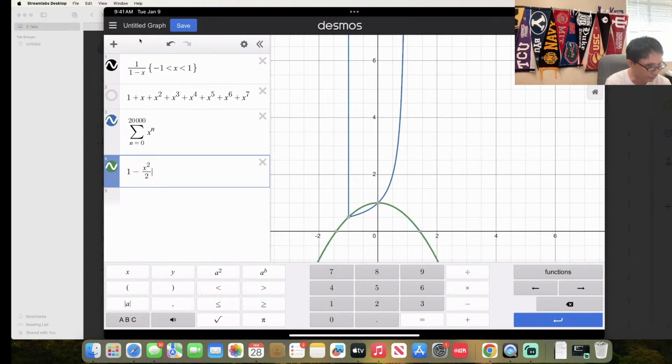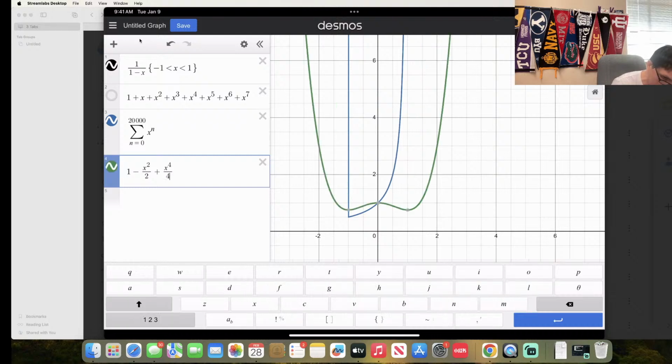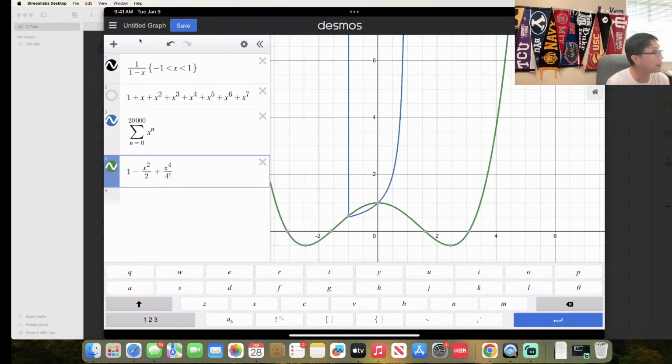Is this okay? Does this look like something? Not yet. Okay. Plus x to the fourth over what? 4 factorial? Okay, does this look like something?